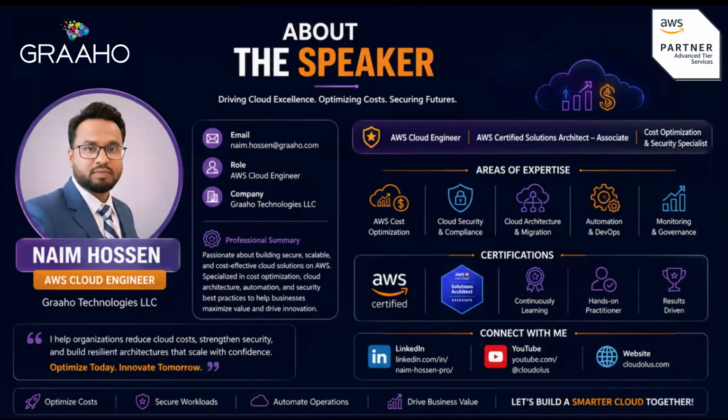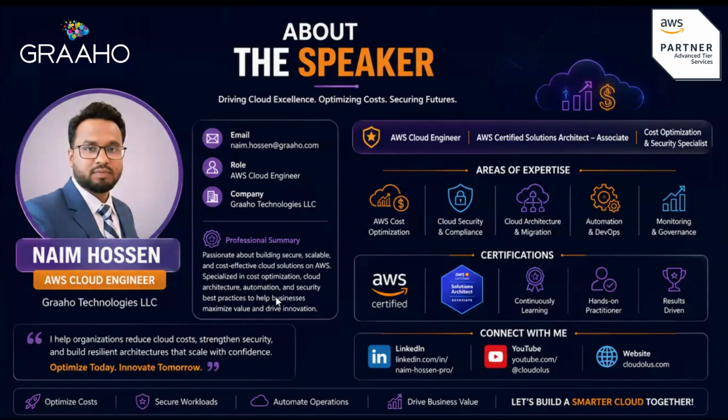Let me take just a moment to introduce myself before we start our main session. This is Naim Hossen. I'm a cloud engineer at Graaho Technologies. Graaho Technologies is an AWS Advanced Tier Services Partner, and we work directly with AWS to help businesses like you get the most output from their cloud investments.